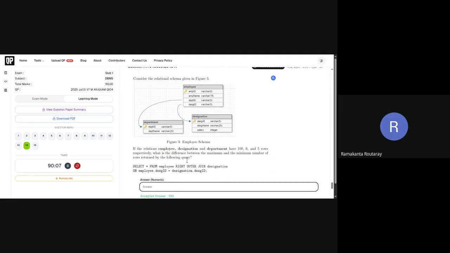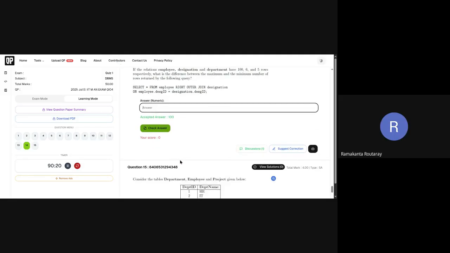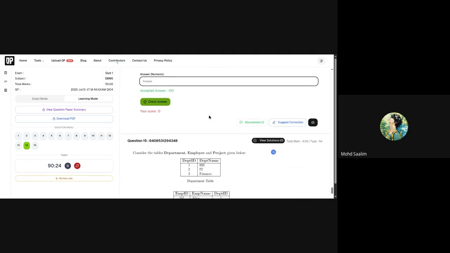Department. Is it because of the not null condition? No, not null is not mentioned anywhere. So yeah, I think this is a discrepancy type of case.